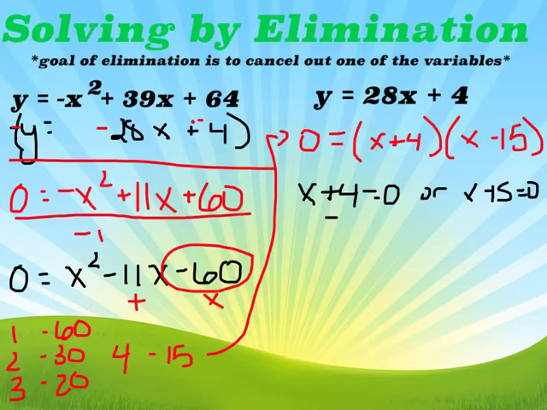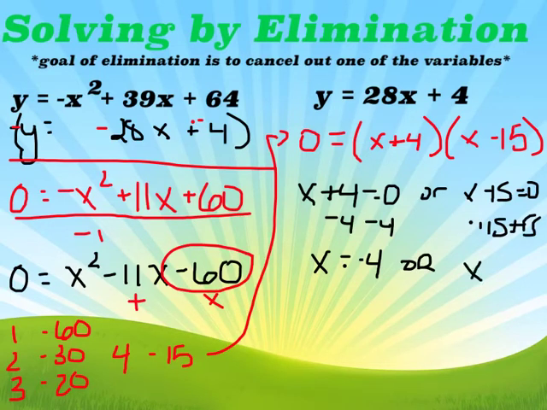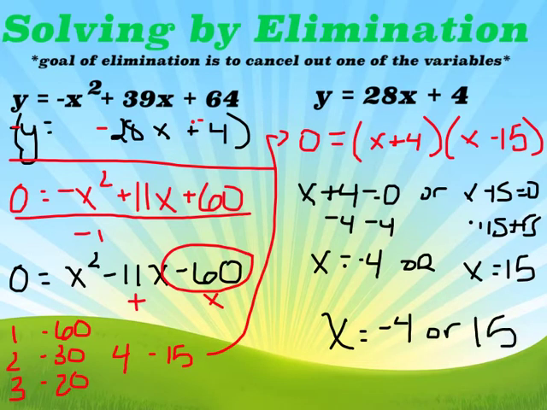Then we solve it out. Subtract 4 from both sides, x equals -4, or add 15 to both sides, x equals 15. So our solution is x equals -4 or 15.